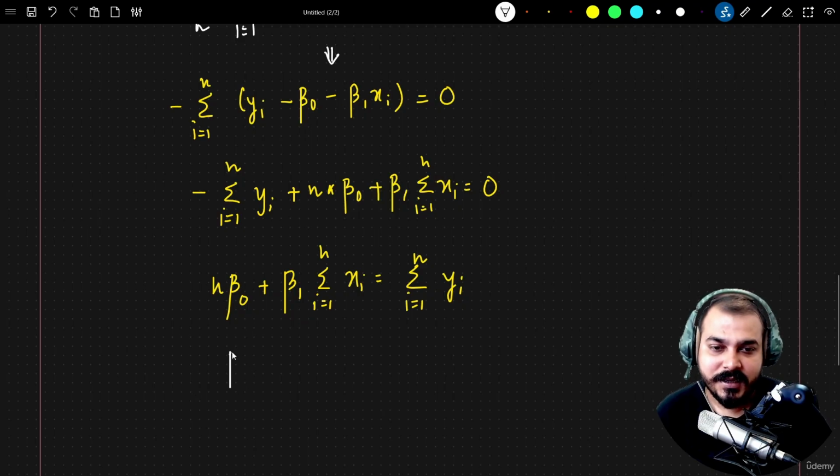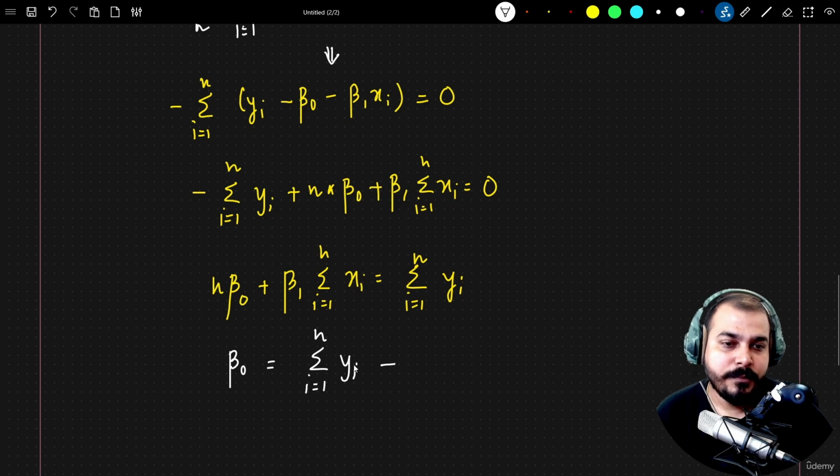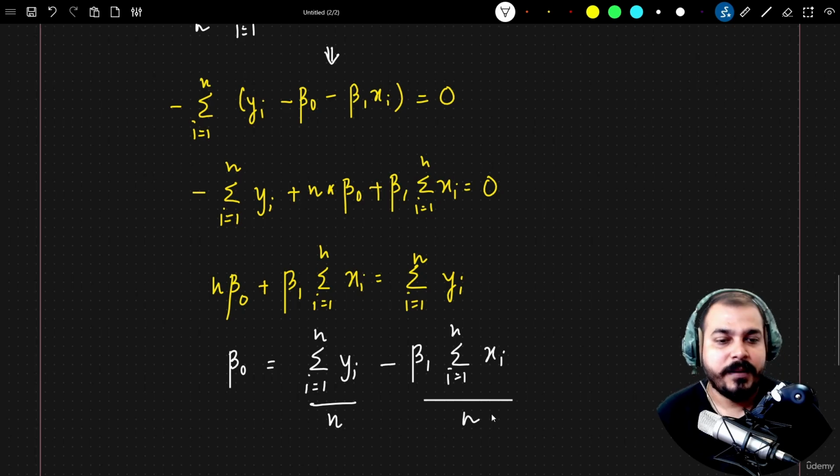Let's say from this, I'll be writing beta 0 is equal to, now here you have summation of i is equal to 1 to n y of i minus, if I take this value over here, then it will be beta 1 summation of i is equal to 1 to n x of i. Okay. And here you already know that I have n. Now what I'm actually going to do over here is move it to the denominator. So let's say this is also divided by n and this is also divided by n.